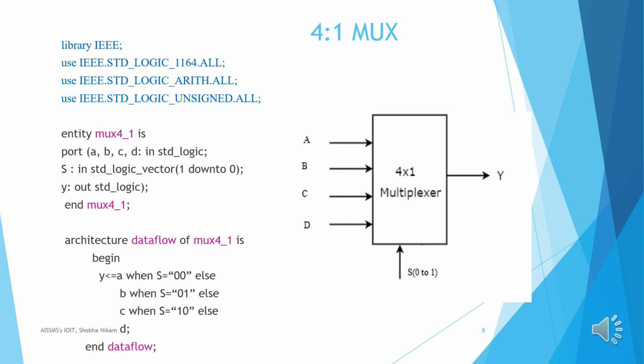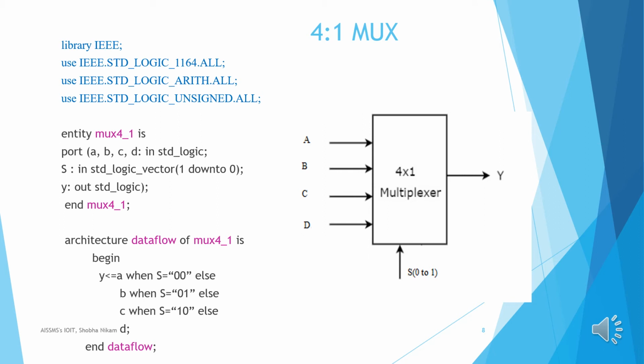Here, the example of a 4 is to 1 multiplexer is taken. As already explained, VHDL code consists of library, packages, entity, and architecture. So the first line is library IEEE, to include the IEEE library. Then packages.